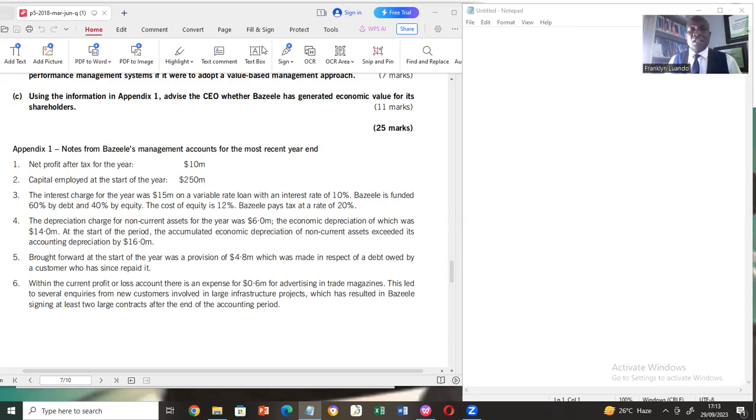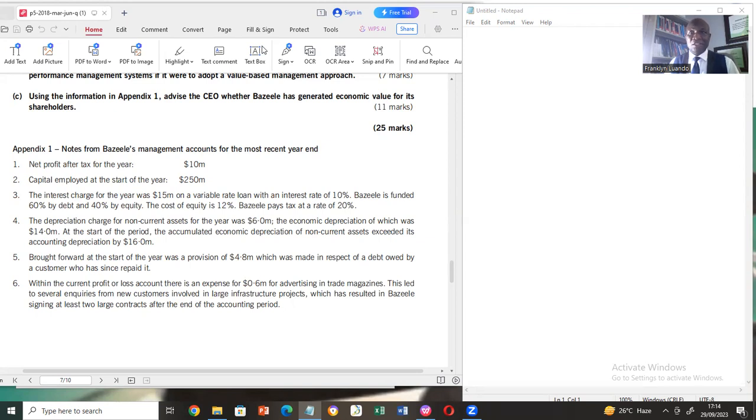First, I will explain what it means when we talk about EVA, which is economic value added, and how it is calculated. First, we need to look at the weighted average cost of capital, which will be used to calculate the economic charge, not the normal interest.